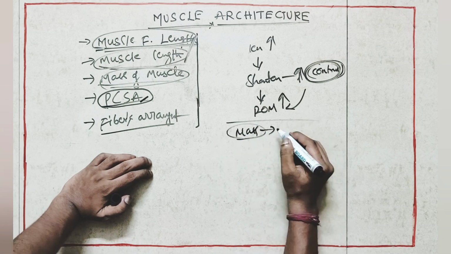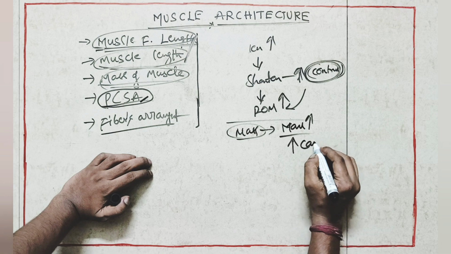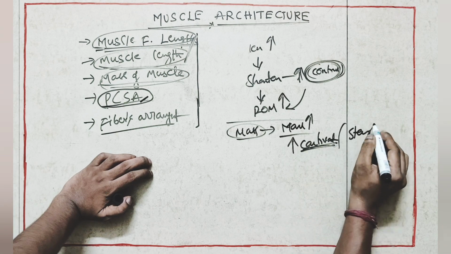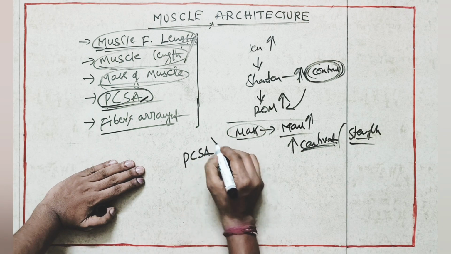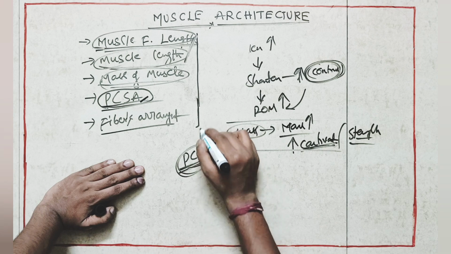Now mass of the muscle. If the muscle mass is more, it can produce more contraction, so strength will be more. Physiological cross section area is also related to muscle mass.